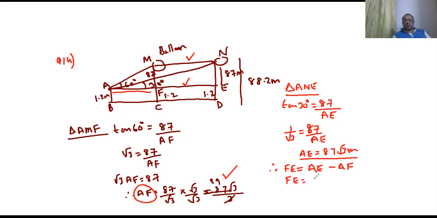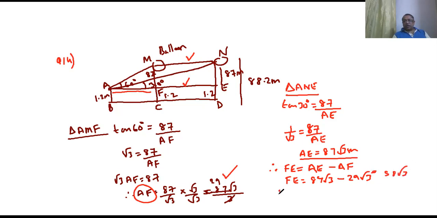So FE will be 87 root 3 minus 29 root 3. When you subtract this, you're going to get 58 root 3.